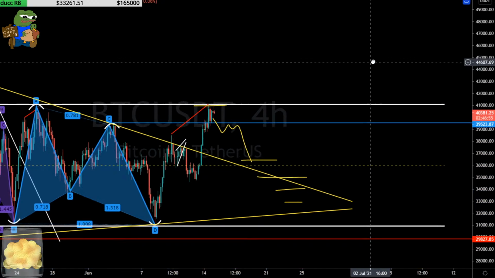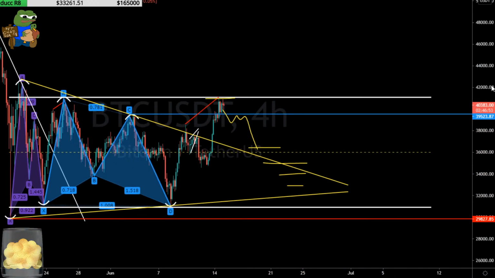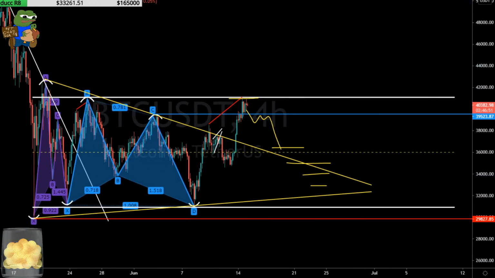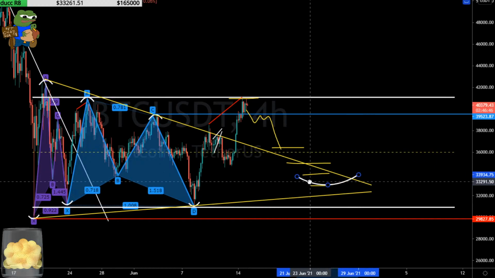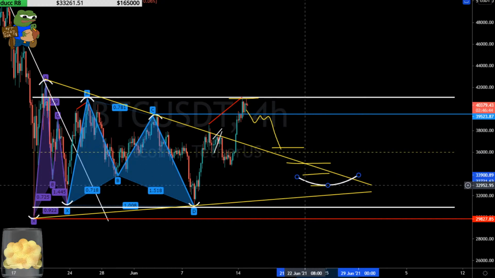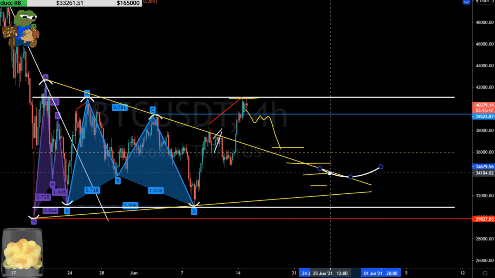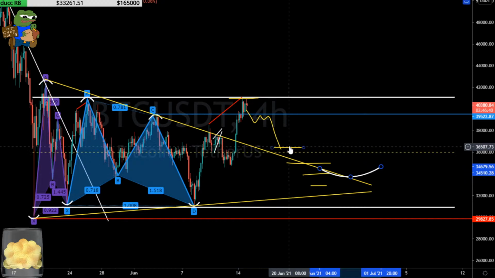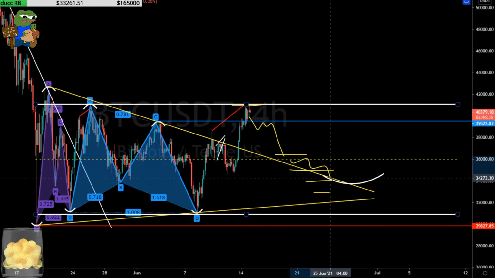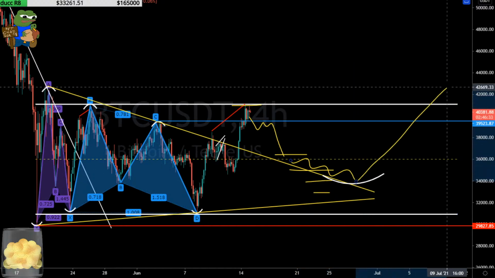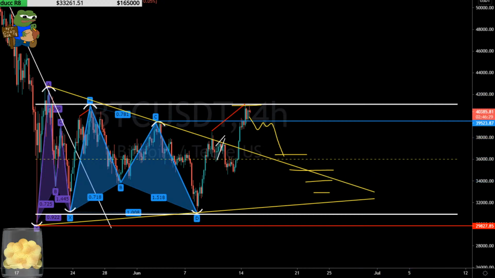The range would continue, and we would paint a slightly higher low somewhere in this vicinity. Maybe it's all the way down here and you just completely ride this downsloping trend line all the way down into it, right? And then rally. So that's what we're looking for, okay?